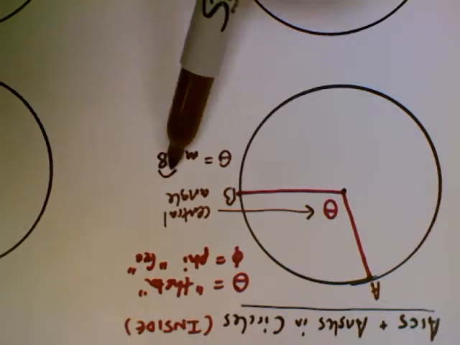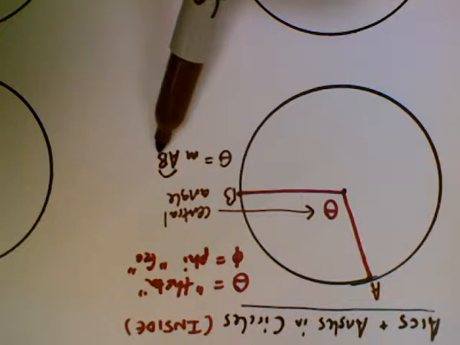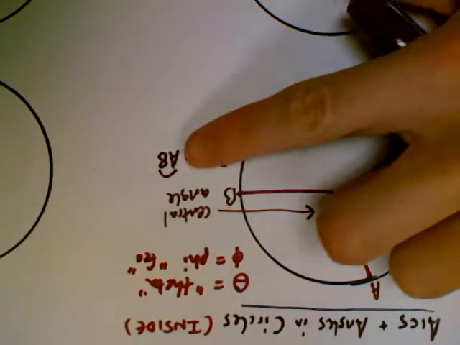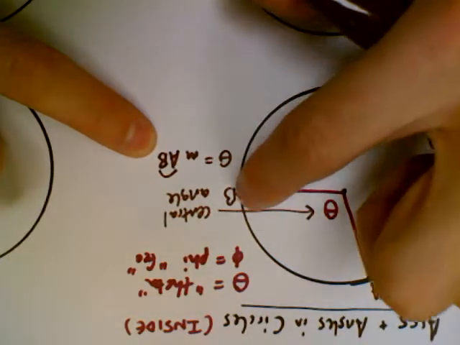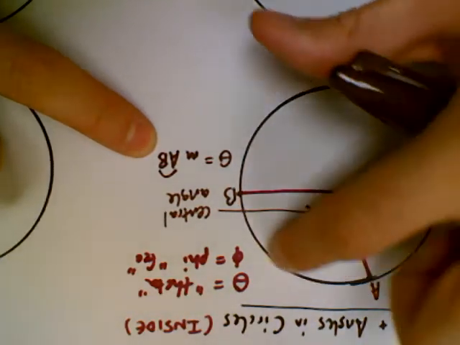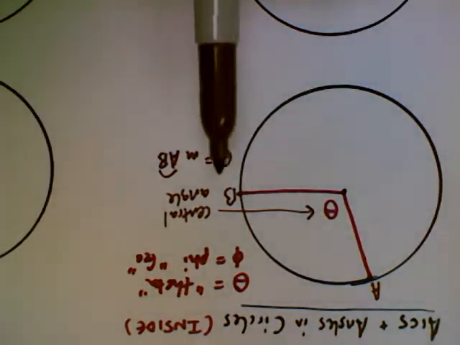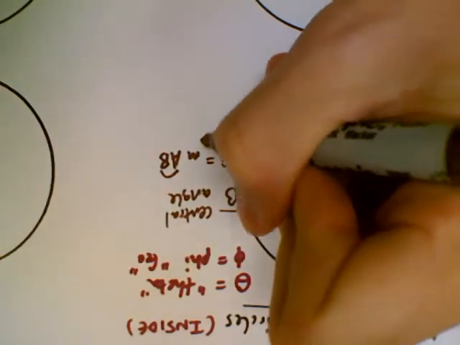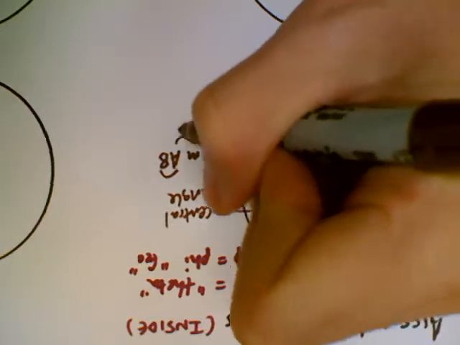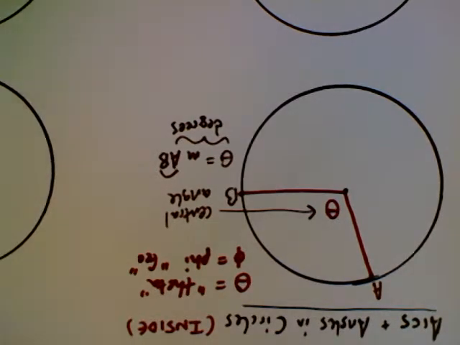So we have to use measure of arc AB. We can't just use regular arc AB. If we use that with this covered up, this means the arc length AB, like the actual distance you would walk along the edge of the circle. We're talking about the measure in degrees of this arc. Degrees are how you measure these.